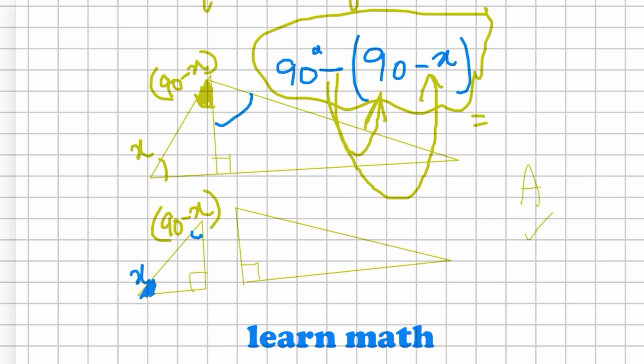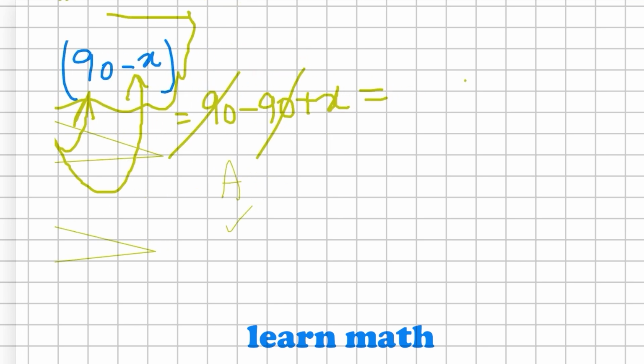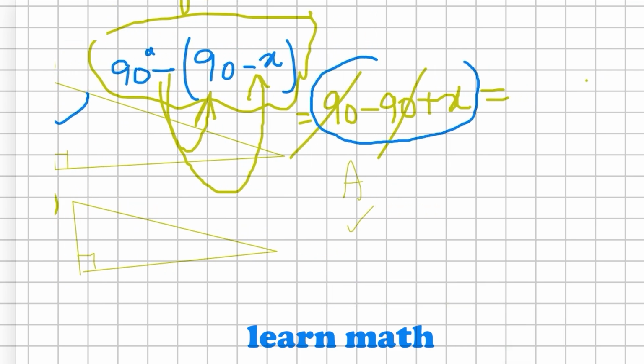So negative 90 plus x. 90 and negative 90 cancel, remaining is positive x. So this expression becomes just x degrees.